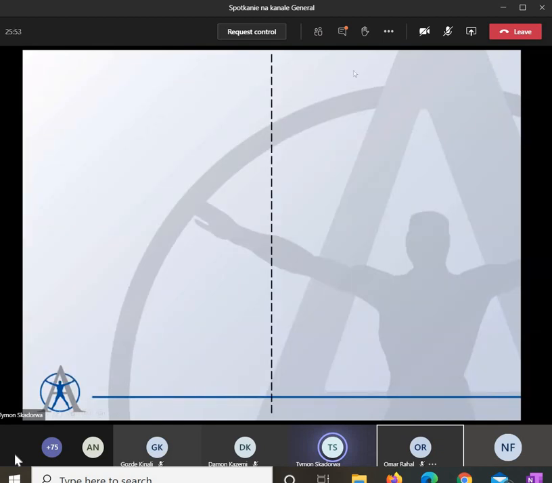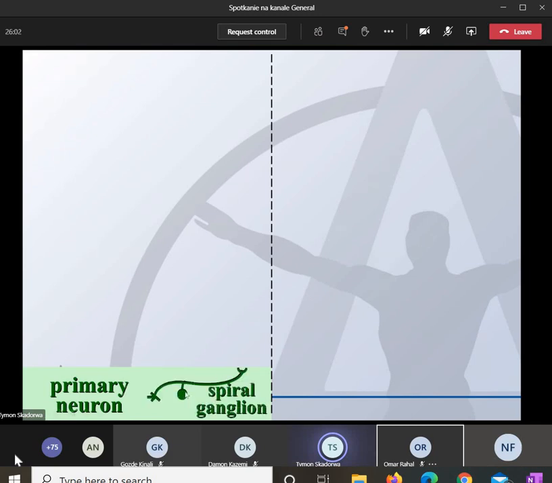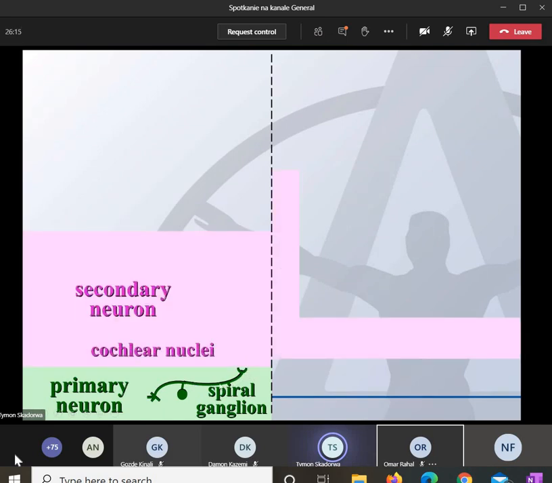This is the midline, as you may see, and we have the primary neuron first. So the sound wave enters the cochlea, then it is transmitted to the spiral ganglion, which is here. Here are the hair cells of the cochlea. Then the sound information enters the neuron, then it is transmitted to the secondary neuron. Here we have the vestibulocochlear nerve and the cochlear nuclei in the brainstem, and the cochlear nuclei send out auditory stria.